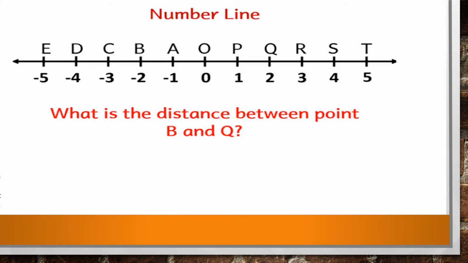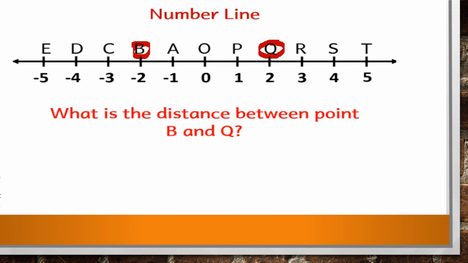What is the distance between point B and Q? Now we come to a little bit of a new thing for you, because up till now we were solving sums only on coordinates which were on the right side. Okay, so B and Q. Where is B? B is on the left side and Q is on the right side, but nothing to worry.